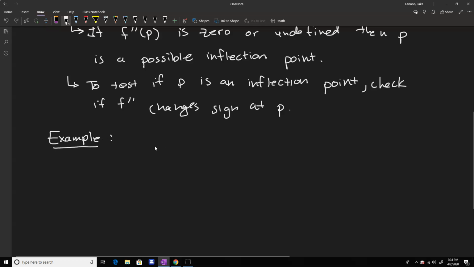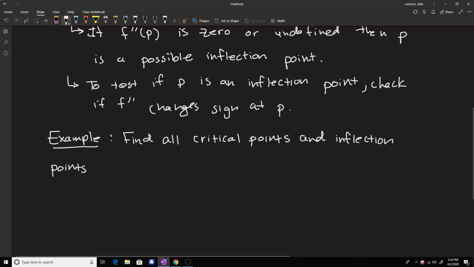So let's say, find all critical points and inflection points for f of x equals x cubed minus 9x squared minus 48x plus 52.